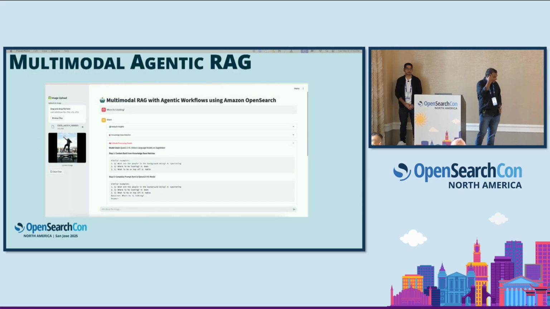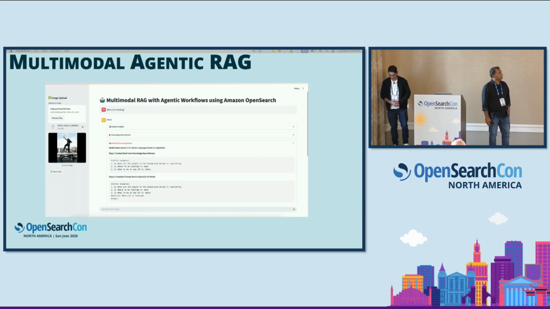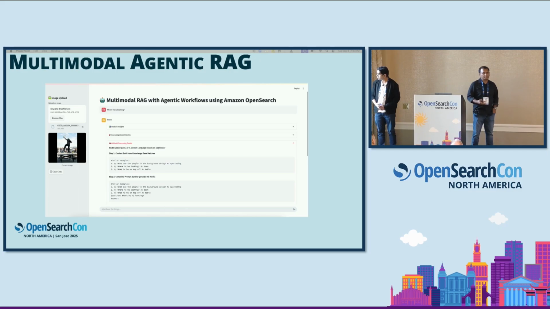So it is a snapshot of what we built. Basically, it's a multimodal agentic RAG. The focus is on two areas: one is the multimodal and the other is the agentic. In simple terms, we are trying to do a RAG which is beyond text only. We are taking input as text, image, audio, and video.